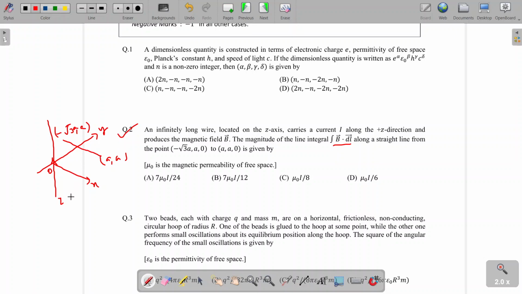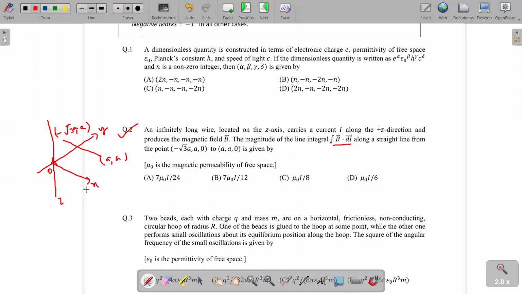This is a rather interesting question because we usually calculate the integral of B dot dl along circular paths, because magnetic field lines are mostly circular in nature. So the question here becomes: how are we able to find the integral of B dot dl along a straight line?